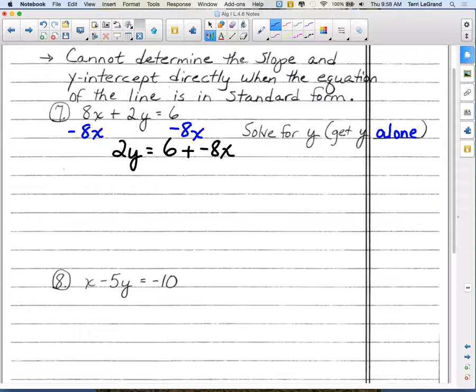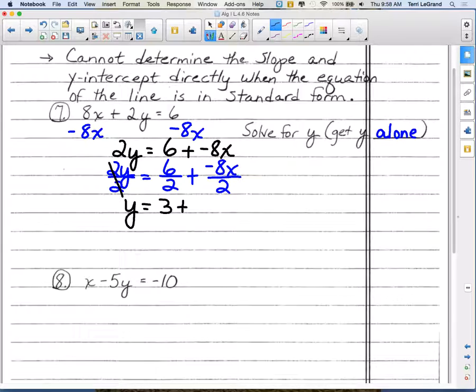Because now what's our next move? What do we have to do? Divide every piece by 2. Not just the ones that you think look friendly. Some of us just divide the ones that look like they'll work, so I think I'll do that one. Every piece has to be divided by that 2. So now we have a single y like we want. 6 divided by 2 is 3.